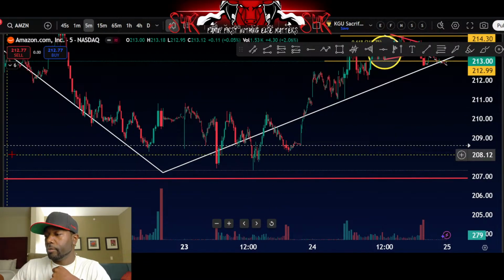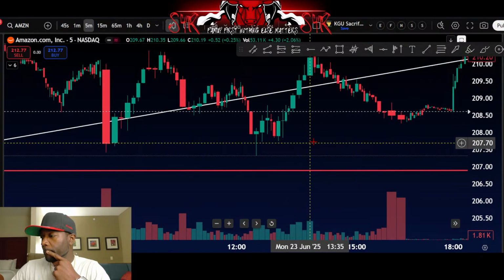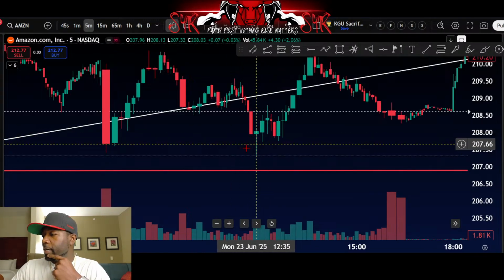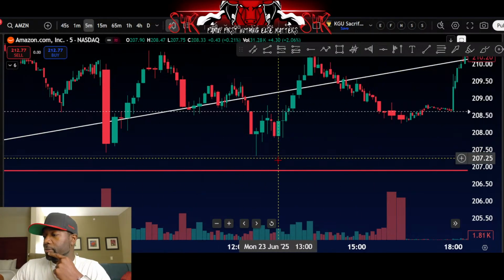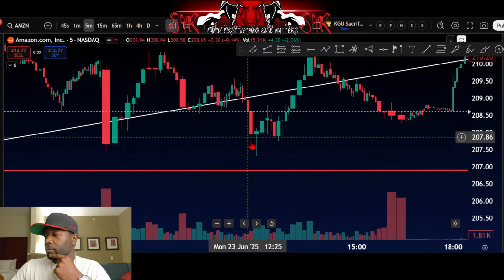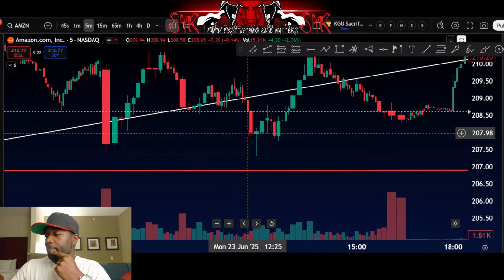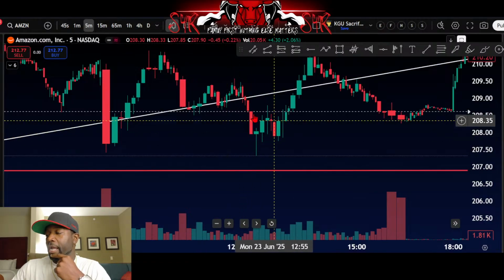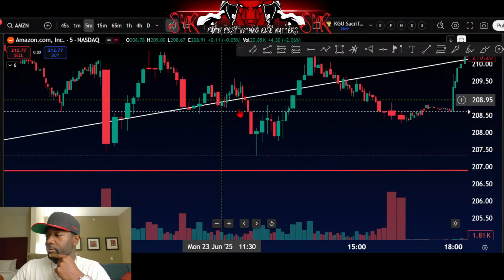Let's see if we got something going on here. All right, so this right here is after a downtrend, we have a hammer at the bottom of this downtrend.